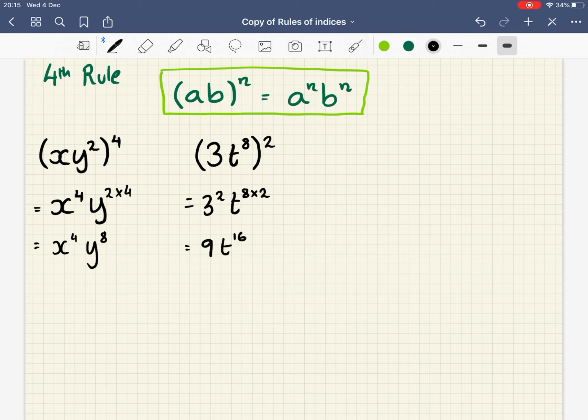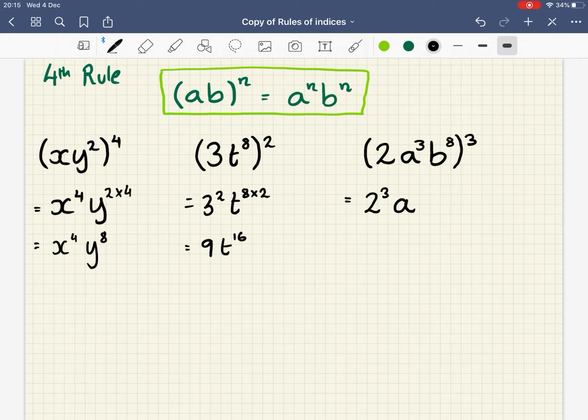One more very quickly. This time I'm going to do, let's do 2a to the power of 3 and b to the power of 8, and it's all going to be to the power of 3. So this cube is going to affect each thing in that bracket individually. So I'm going to have 2 cubed.